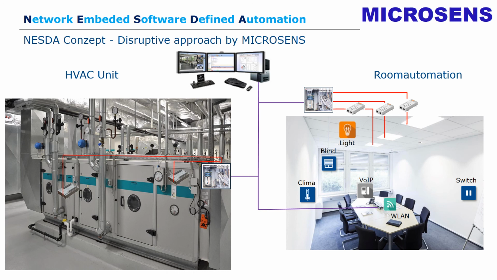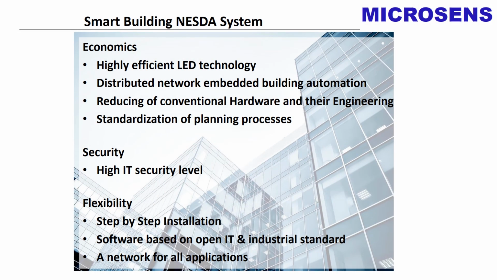So this was the description of the system, and let me make a short summary of what I've mentioned before. The Microsens approach provides highly efficient LED technology. We have a distributed, network-embedded building automation system. We have the reduction of conventional hardware and its engineering.